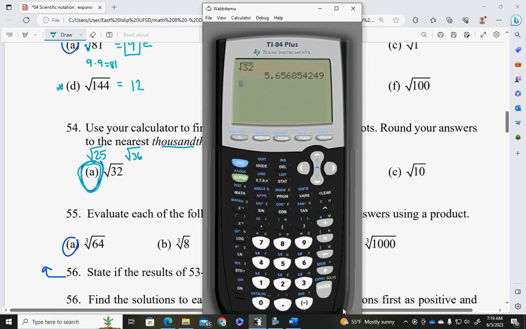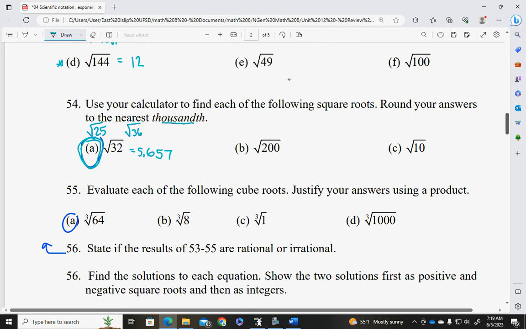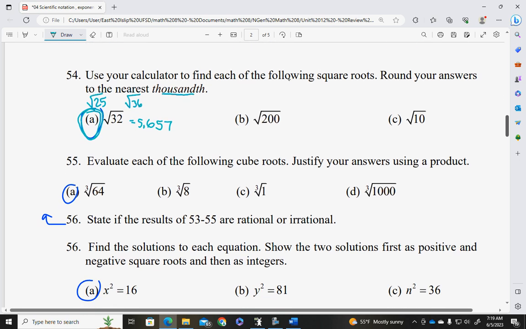And if I rounded it to the nearest thousandth, that's like the third decimal place, remember that we need to look at the number after it. So since this is an 8, this 6 rounds up to a 7. So rounded to the nearest thousandth would be 5.657. So be careful with your rounding on your final exam.